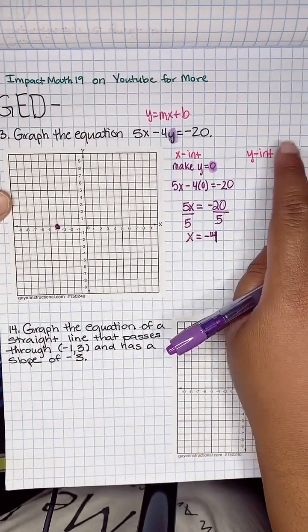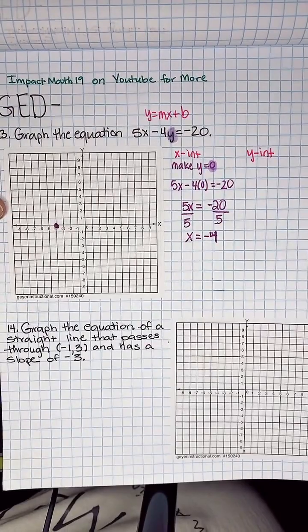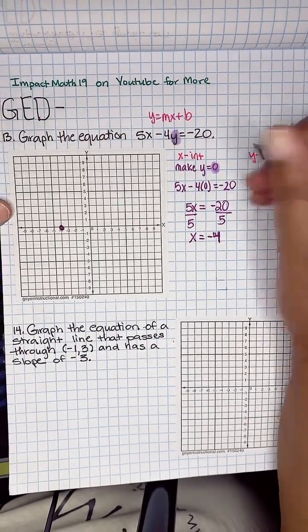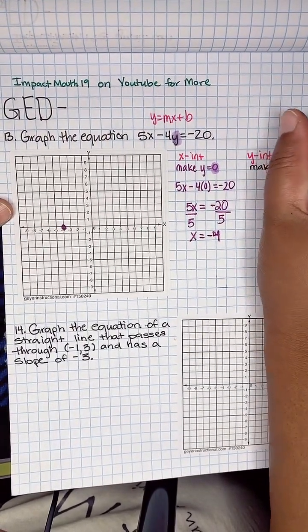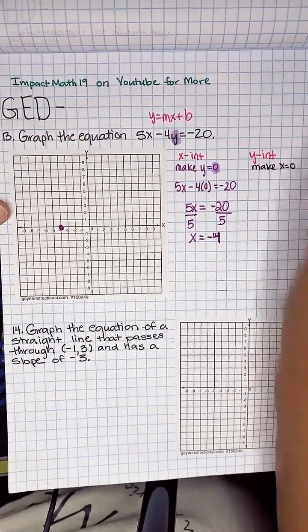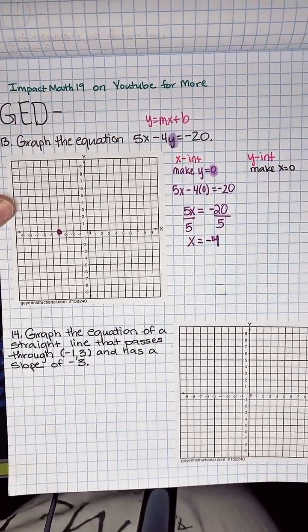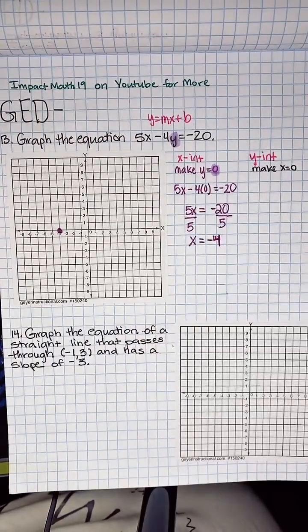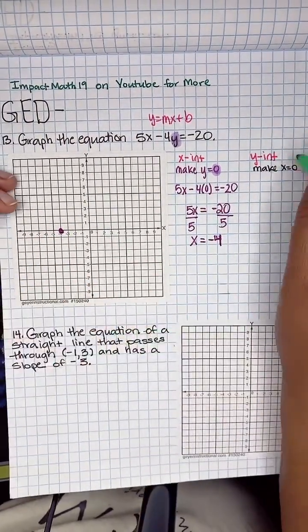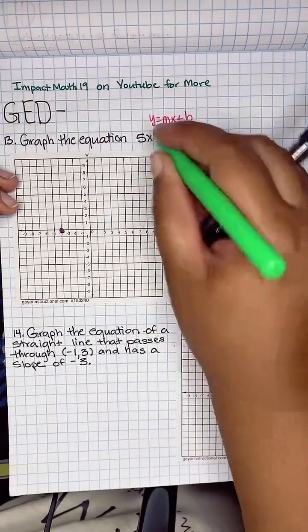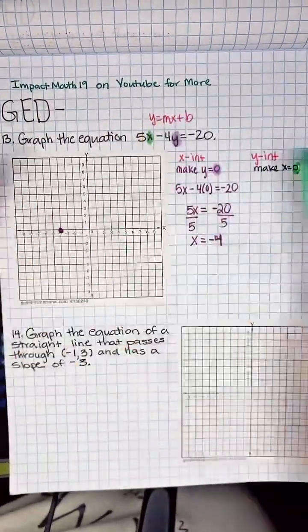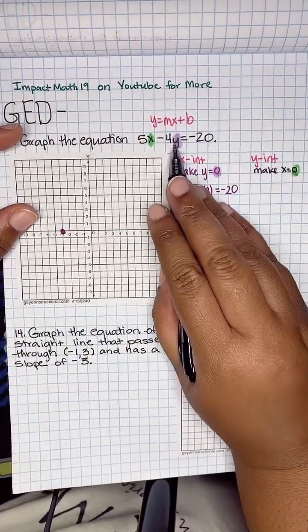Now let's find the y-intercept. How you find the y-intercept is you make x equal 0. So we're going to plug in 0 for the x, and leave this back to y.